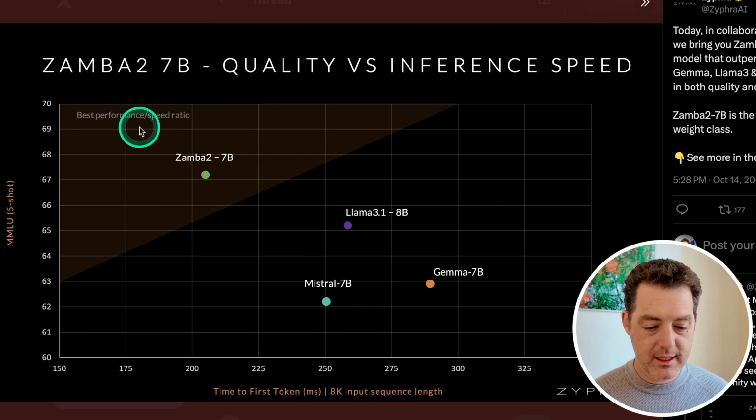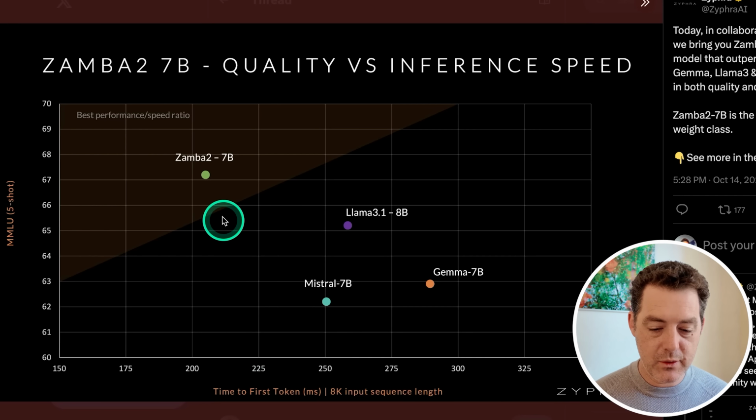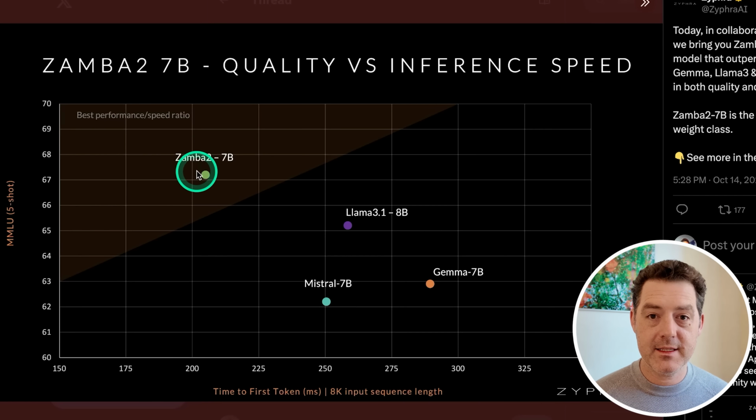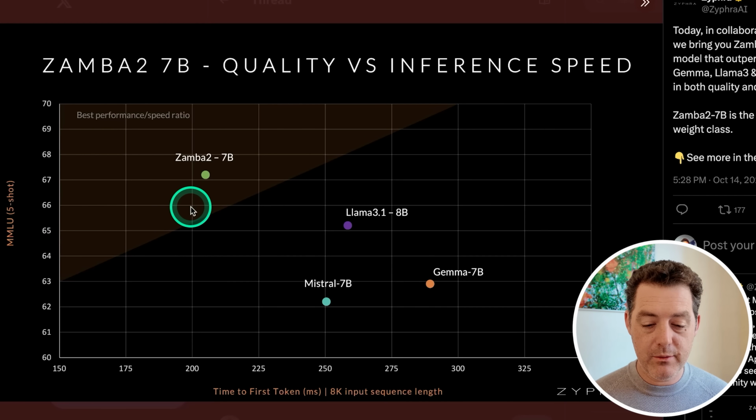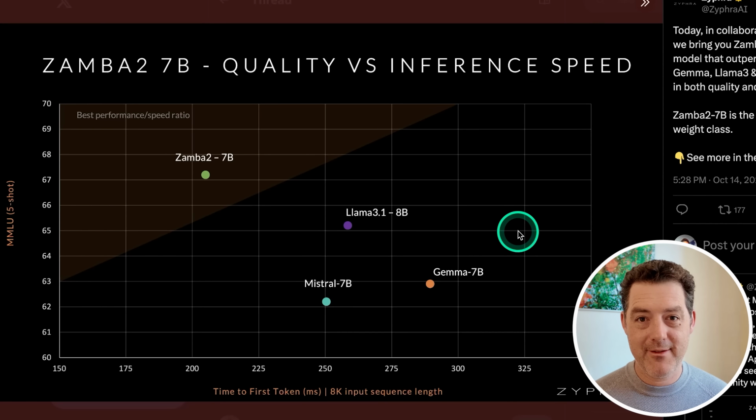And so here we can see the MMLU score on the y-axis on the left and the time to first token in an 8K input sequence length on the x-axis. So not only is it the fastest in terms of time to first token, but it is also the highest quality on the MMLU benchmark compared to Llama 3.1, Mistral 7B, and Gemma 7B.